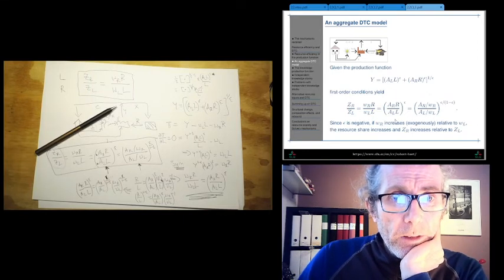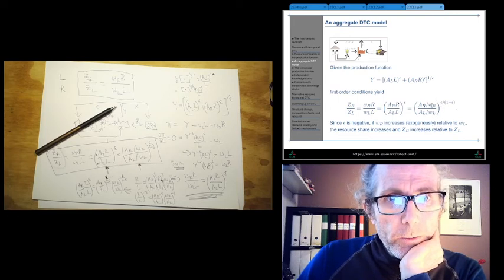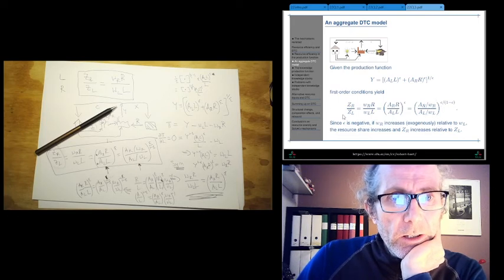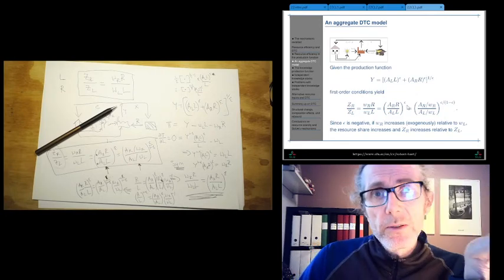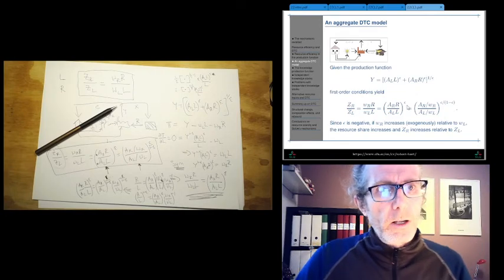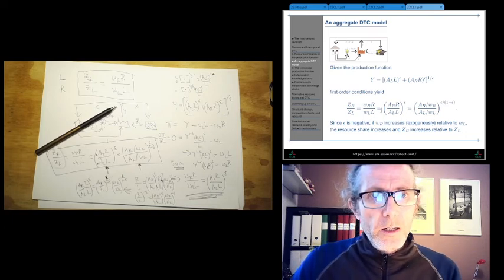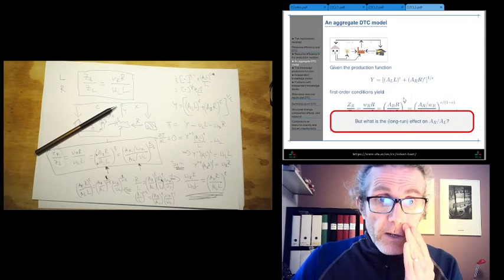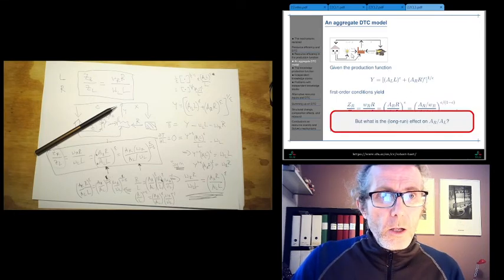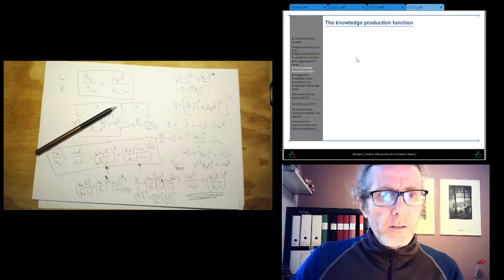And more of an input or a lower price for that input means that we invest less in economizing on that input when epsilon is negative. But how does this change in investment affect the next period productivity factors? How does productivity respond to the investments in productivity? What is the knowledge production function?